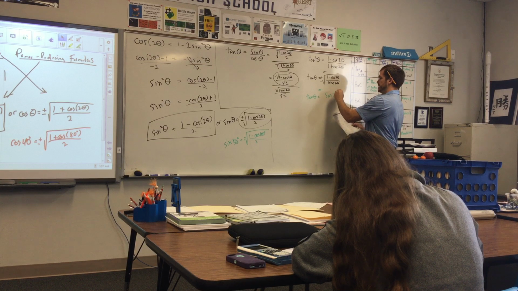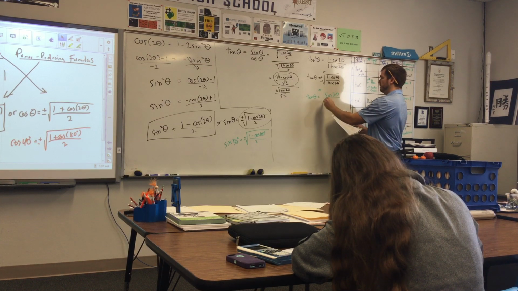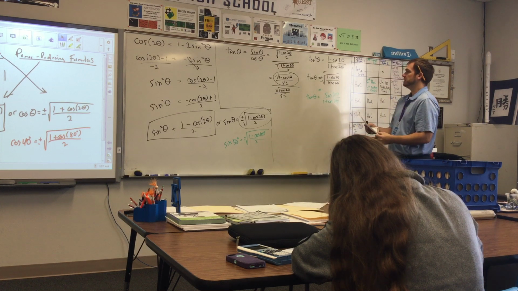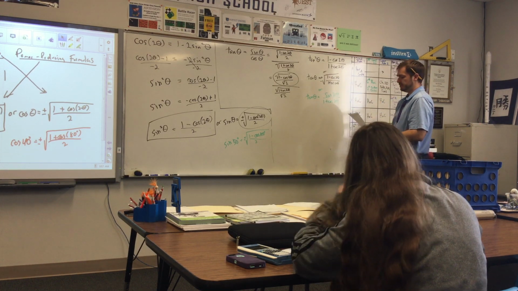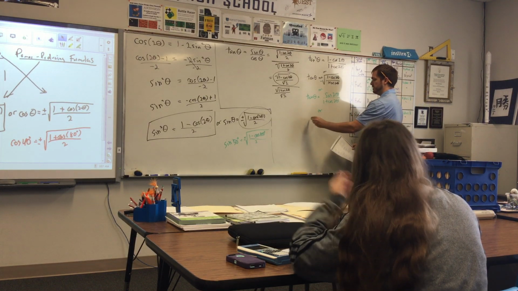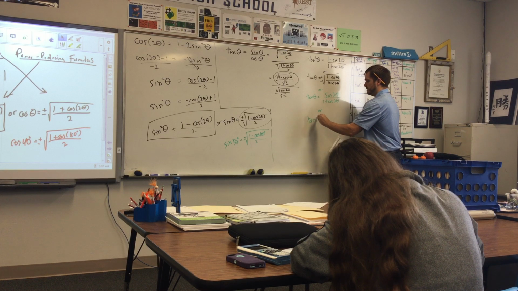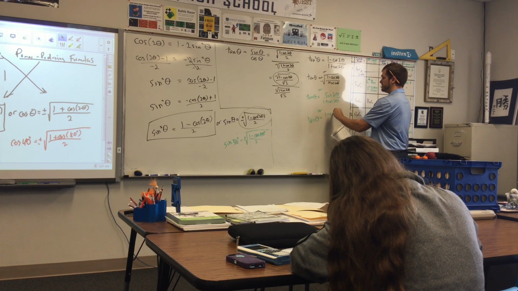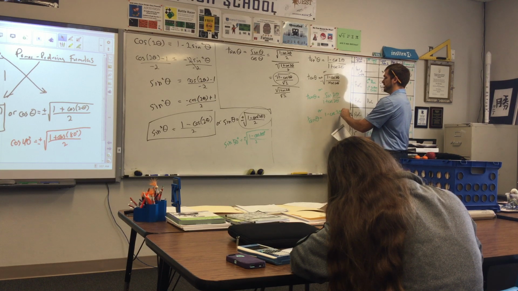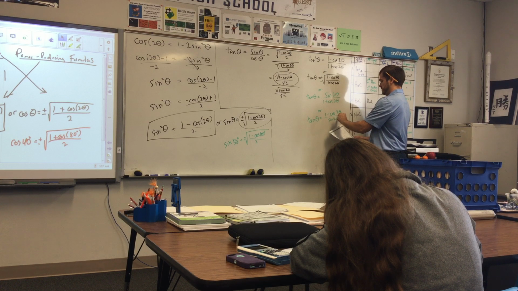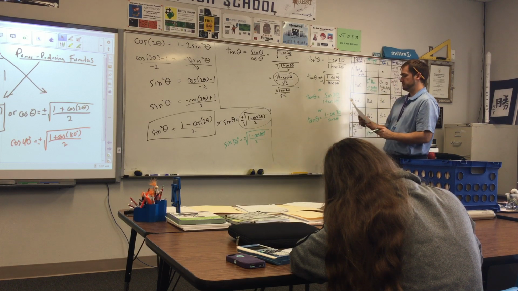Sine of 2 theta over 1 plus cosine 2 theta. It's not much actually to go that route, but anyway. Or tangent theta equals 1 minus cosine 2 theta over sine of 2 theta.